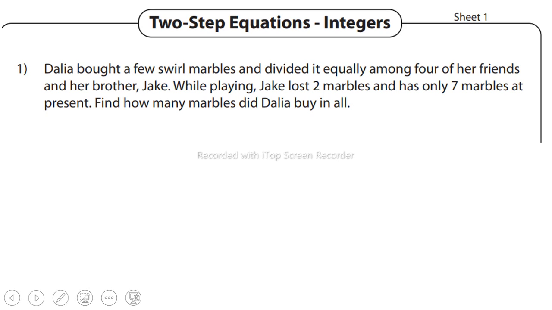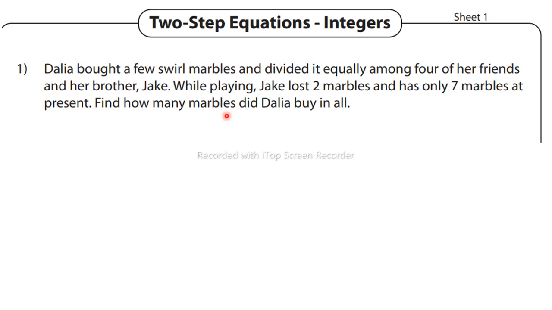Okay, so let's break this down. So we have a young lady named Dahlia. She bought some marbles and she divided it equally among four of her friends and her brother. While playing, Jake lost 2 marbles and has only 7 marbles at present.